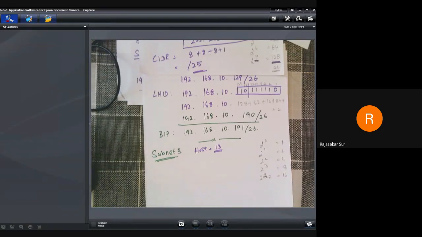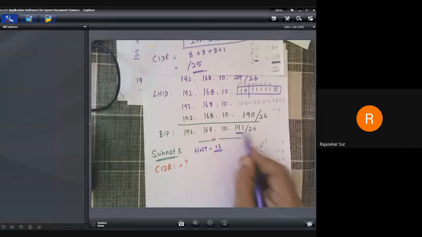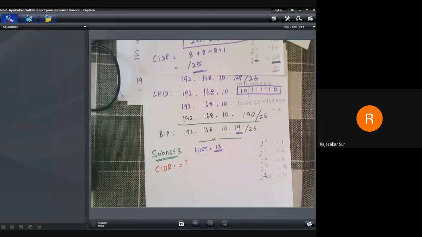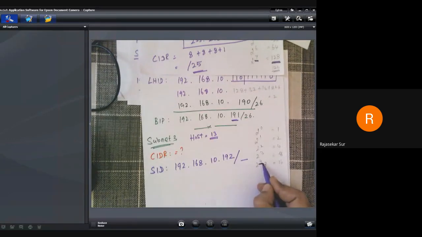Now I want to find the CIDR value first. We stopped at 191, so take 192. My subnet ID is 192.168.10.192, but we have to fix the CIDR. Only 4 bits are enough for the host.